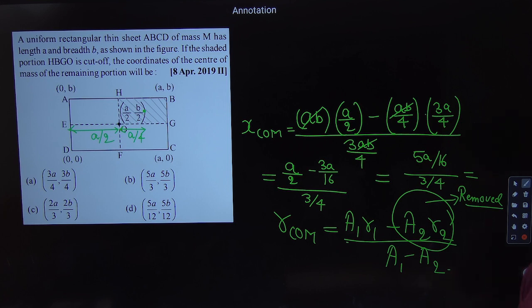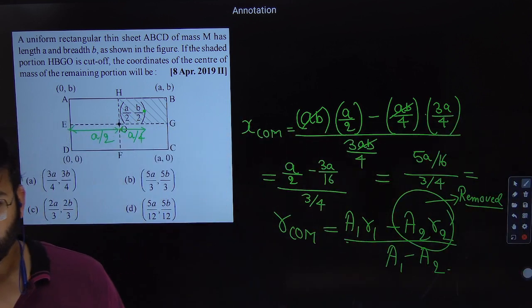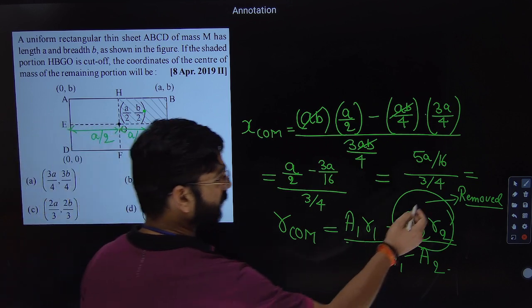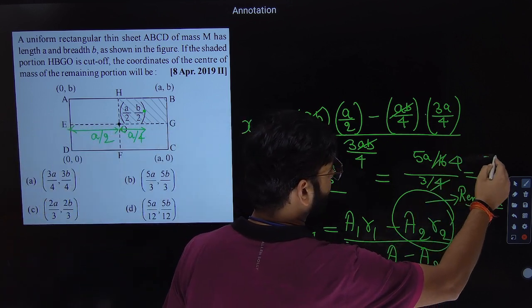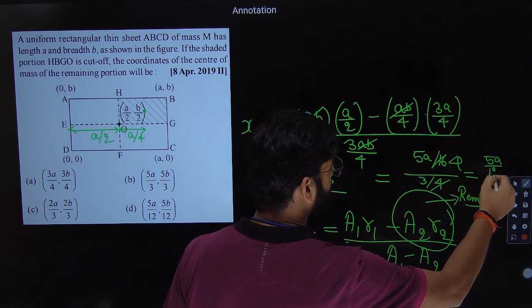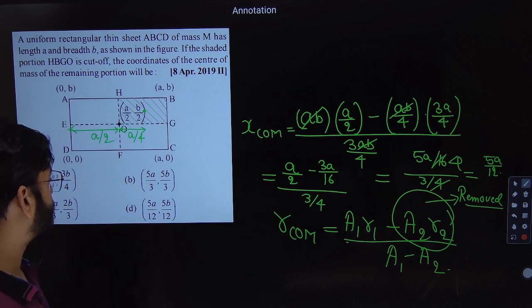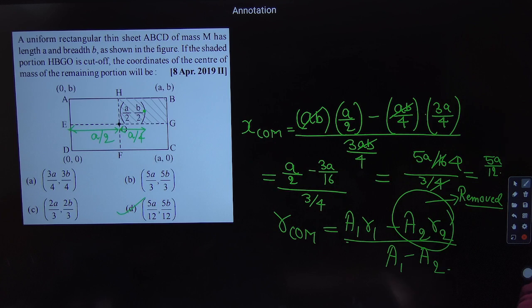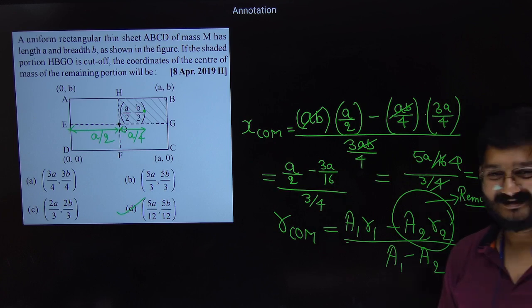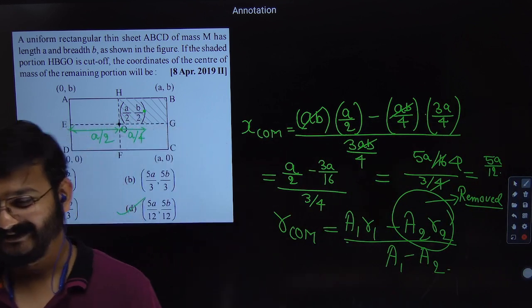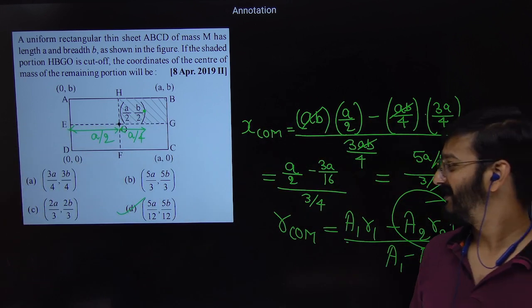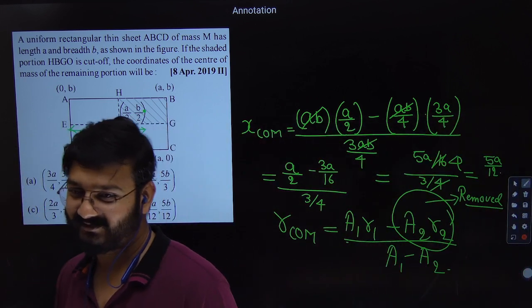How did you get this expression? When you solve, 4 into 4 is 16, right? So 5A by 12. And you know what legends do. Parineet told the answer, I think. How many seconds, Parineet, did you take? Within 0.1. The moment he saw the question, he told the answer, option D. So it is 5A by 12.